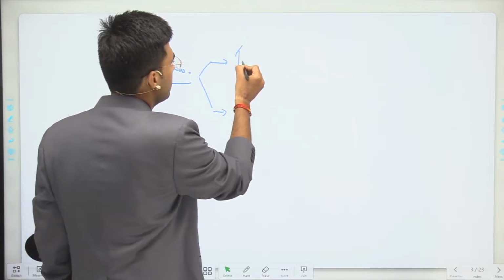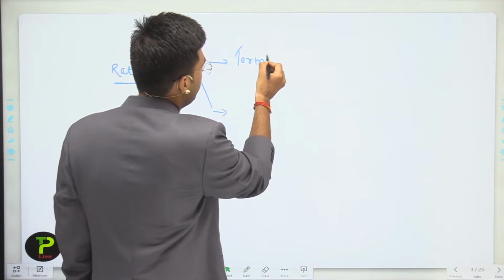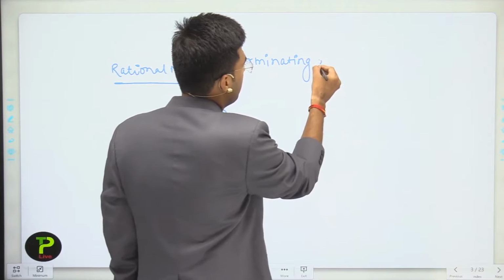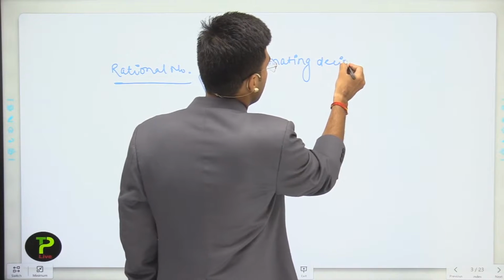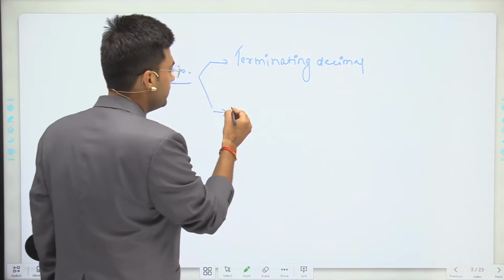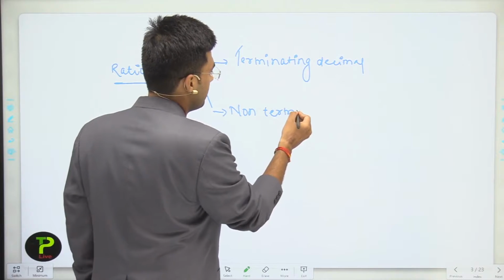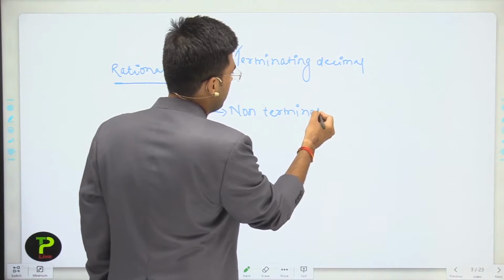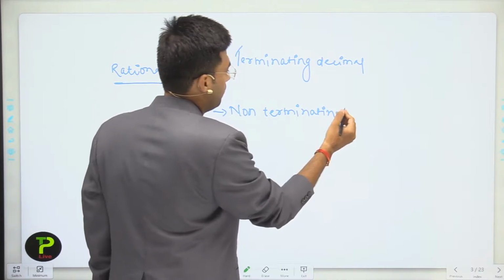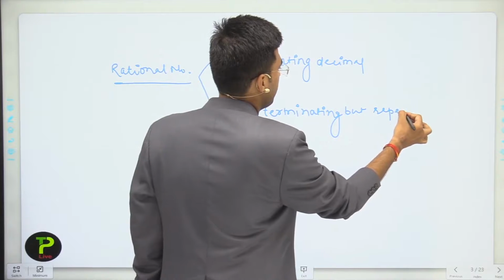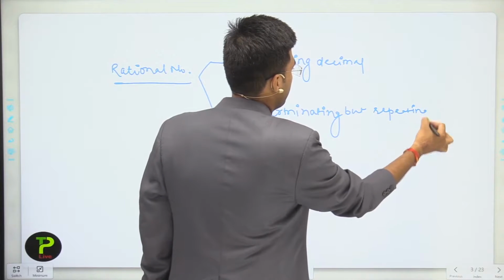First is terminating decimal, and the second is non-terminating but repeating decimals.